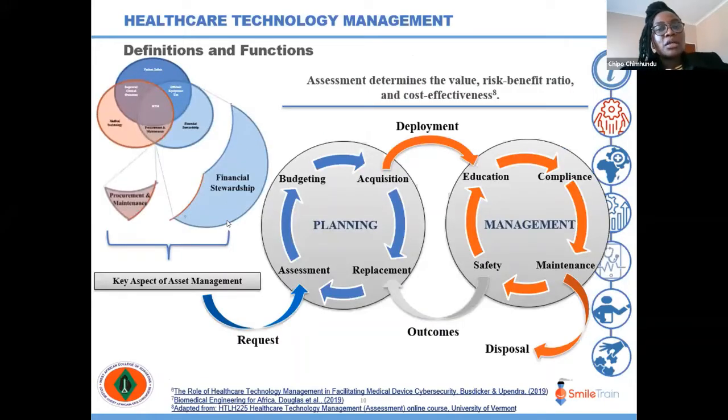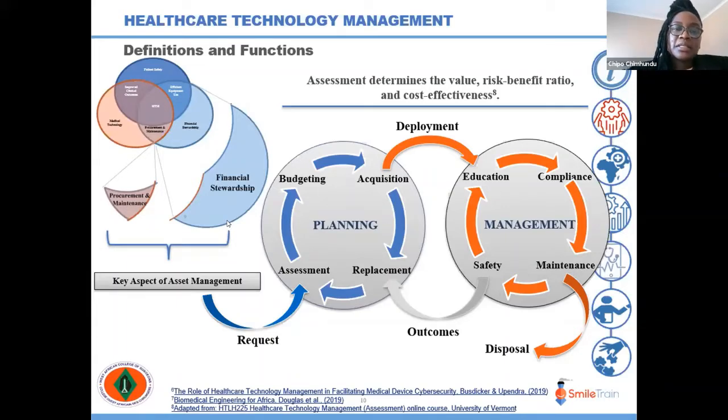So when we look deeper into the aspect of the finances and procurement and maintenance of our technology, there is a very crucial step of asset management, which is an entry point to our equipment life cycle, as I alluded to earlier.